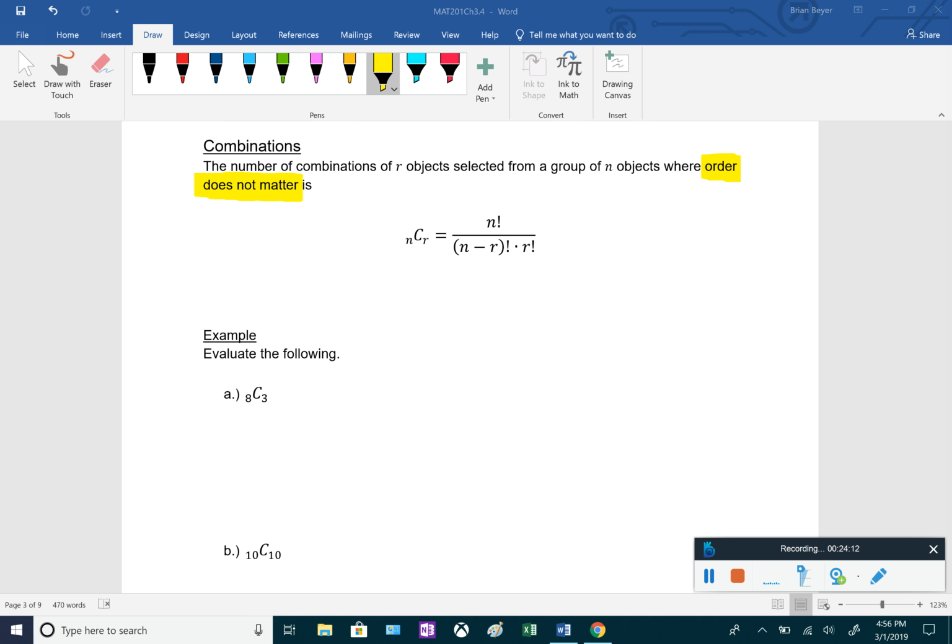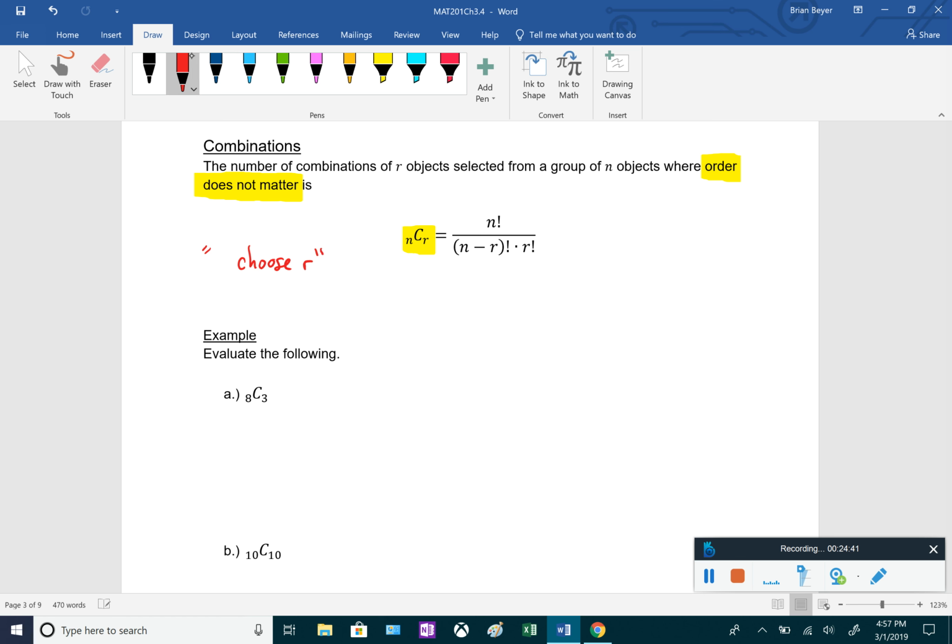For permutations, nPr, we said it's the number of ways we can choose r objects out of n objects and put them in order. For combinations, it's the number of ways we can choose r objects out of n objects, where the order does not matter. So the formula for this is going to be nCr, which we can read as n choose r.